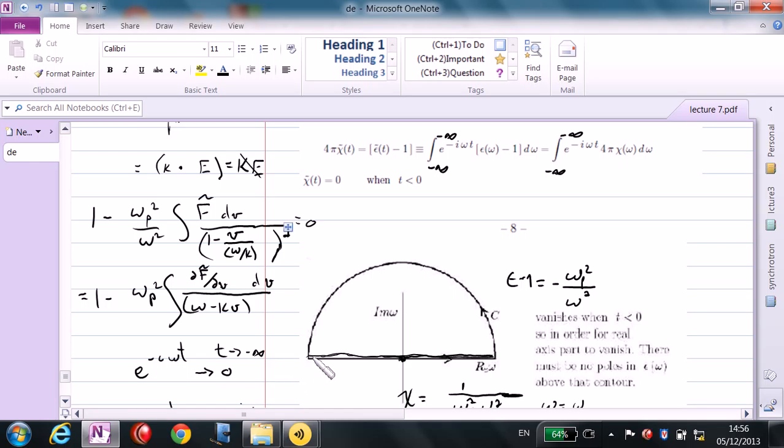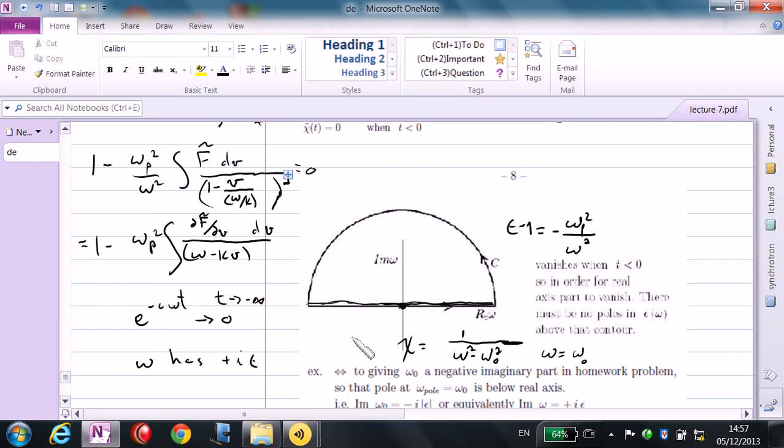So the value of the straight part, which is what I want to calculate, will be 0 or non-zero depending on whether there's a pole above it or below it. If all the poles are below it, then it will also be 0. And the way I have the poles lie below it is to just assume that each wave has a slight positive imaginary part, so I'm actually doing the integral above the real axis.